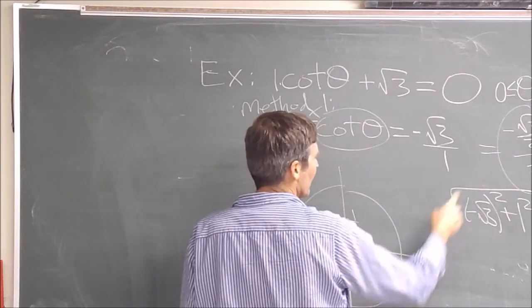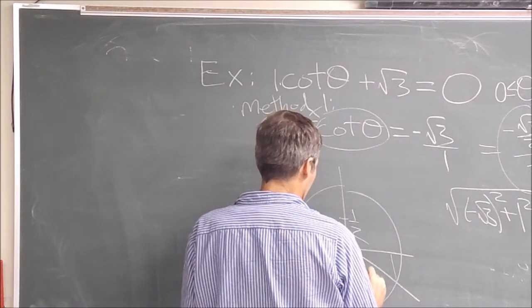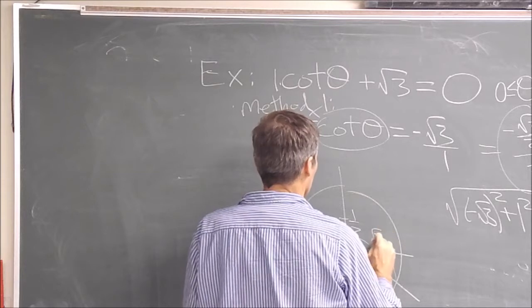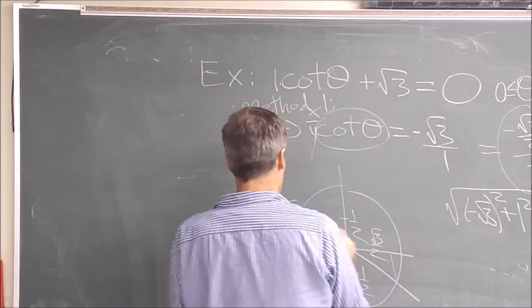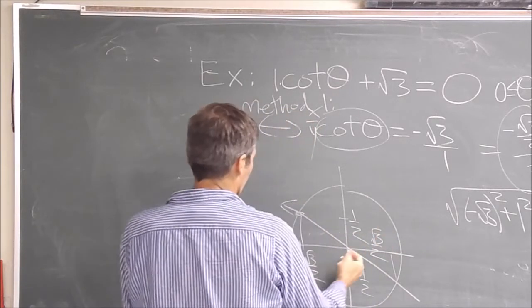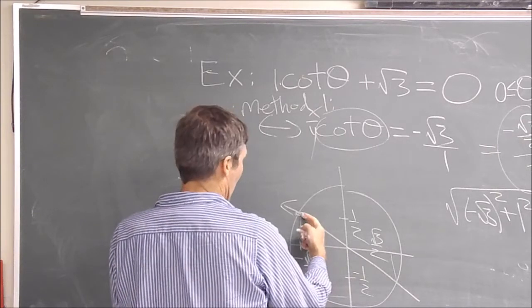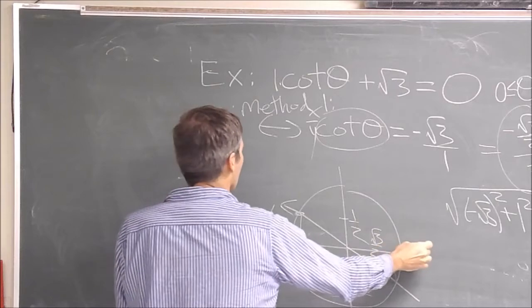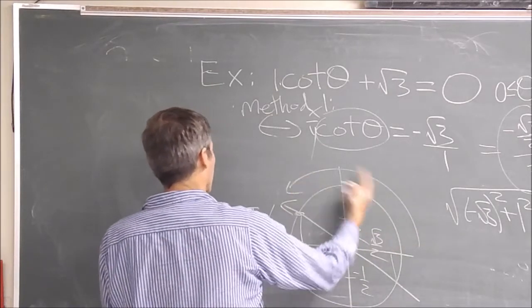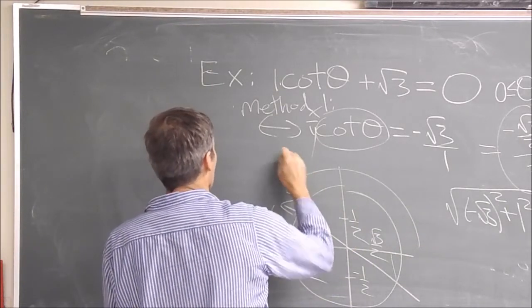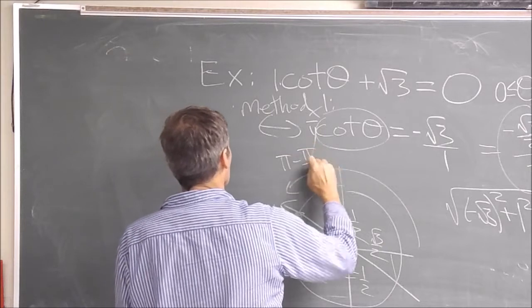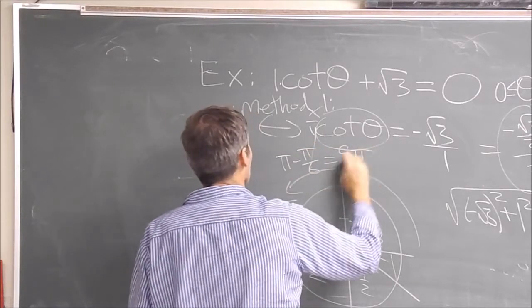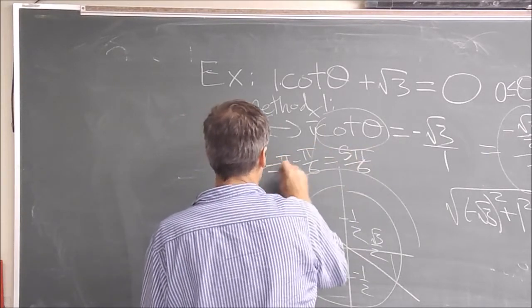Now I've got minus a half for y and plus square root 3 over 2 for x. Now I drop the perpendicular. If this is square root 3 over 2 and this is a half, this must be a pi over 6 angle. This one being pi, back up pi over 6, straight angle minus pi over 6, must be 5 pi over 6. There's one possibility.